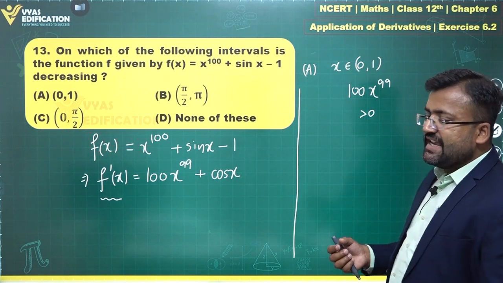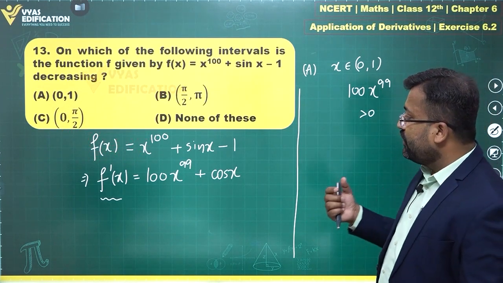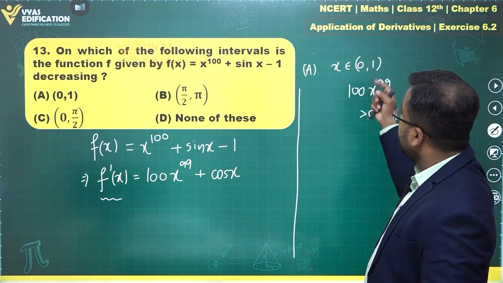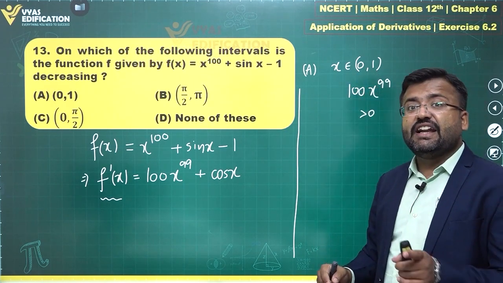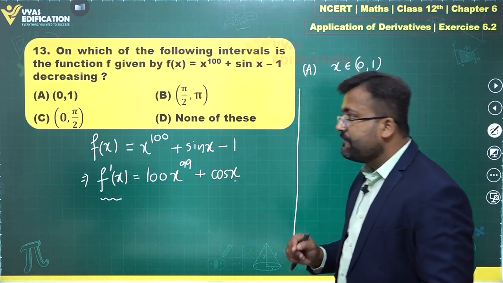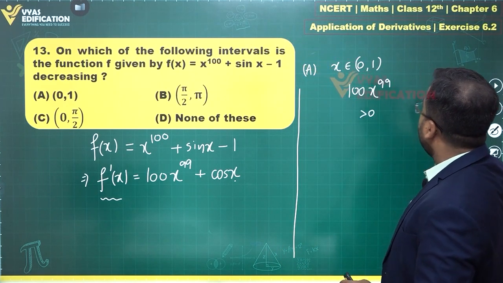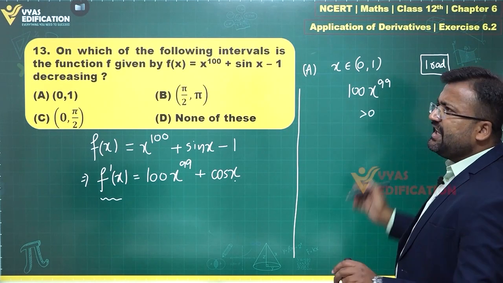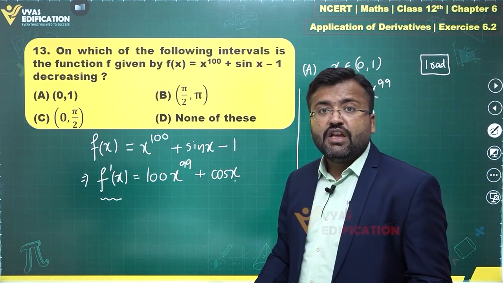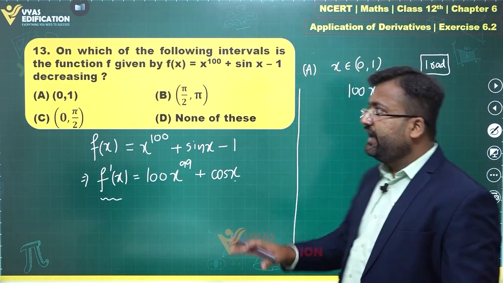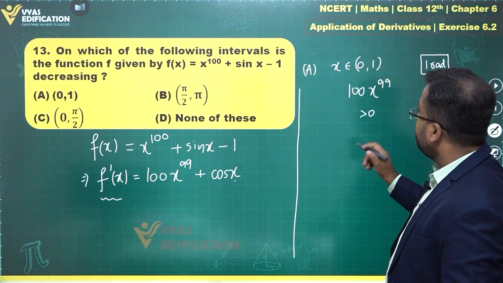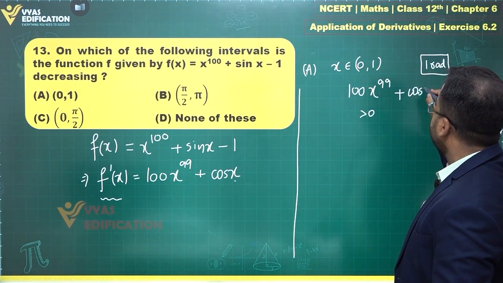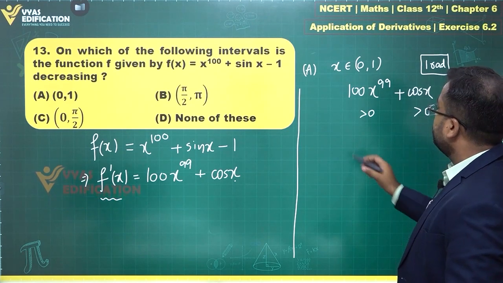What about cos x? Now, the value of cos x in this interval, where x is in radians. When I talk about 1 radian, it is approximately 57 degrees, so it is still in the first quadrant. All of these values lie in the first quadrant, so cos x is also greater than 0.